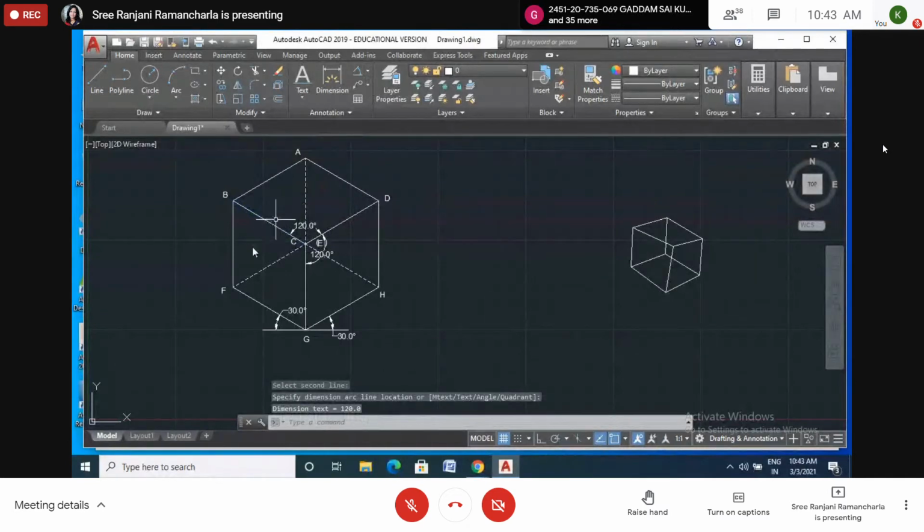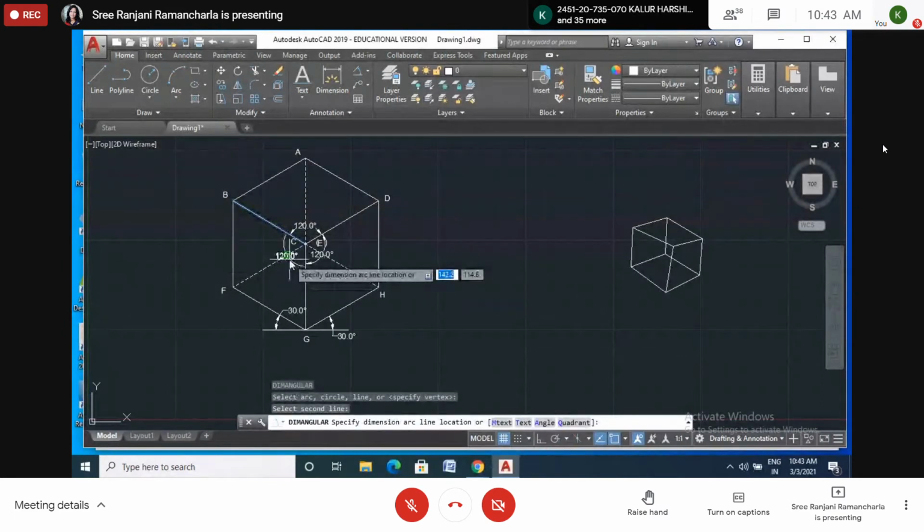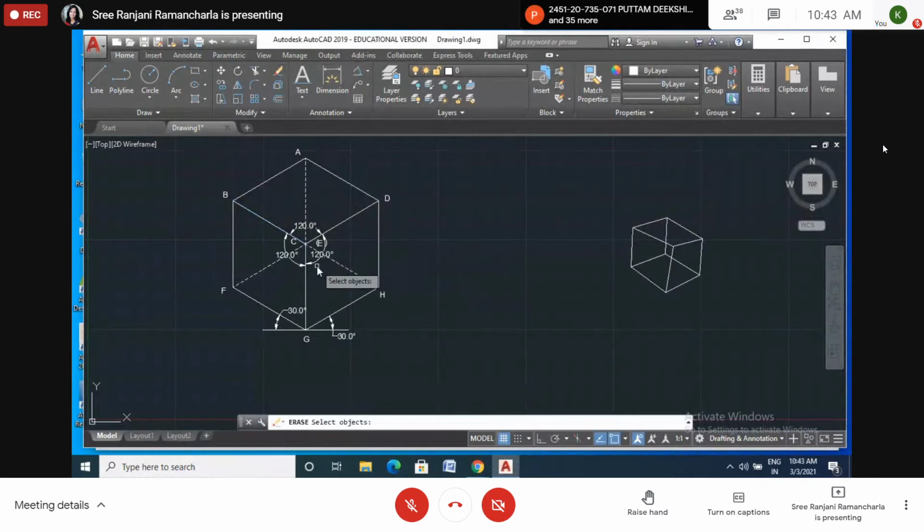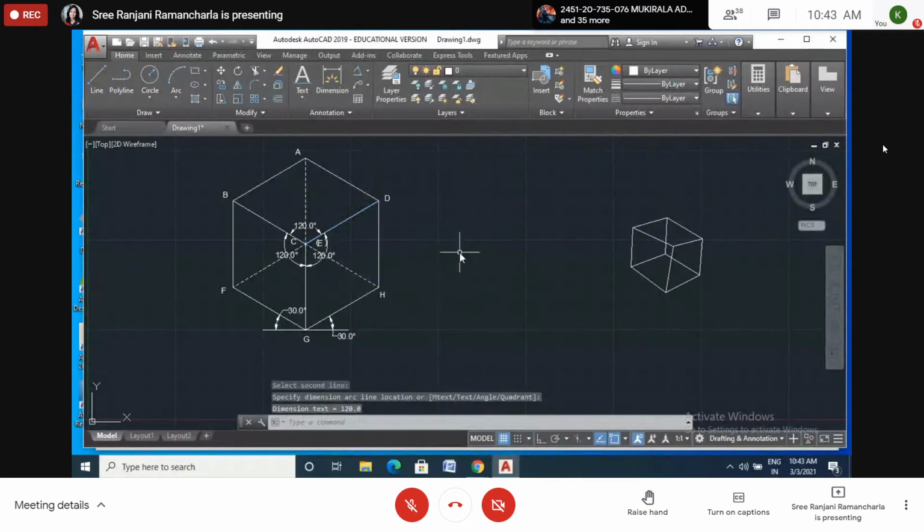So instead of 90 it is 120 in isometric projection. So instead of 90 degrees it's looking 120.